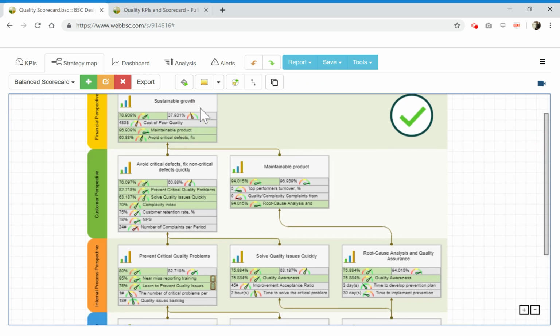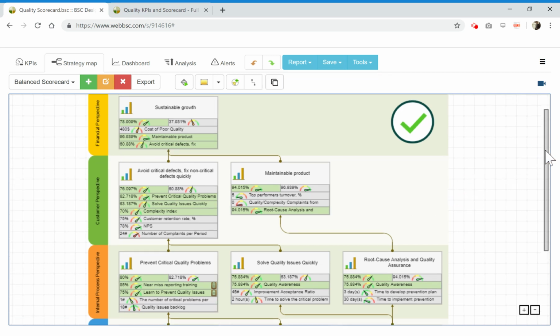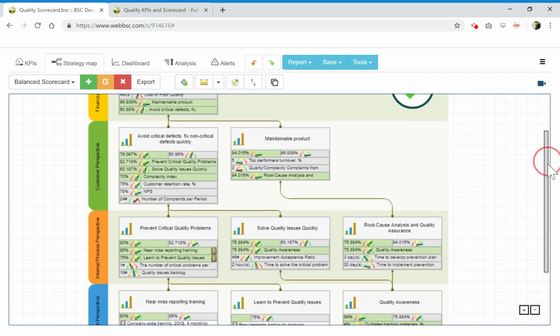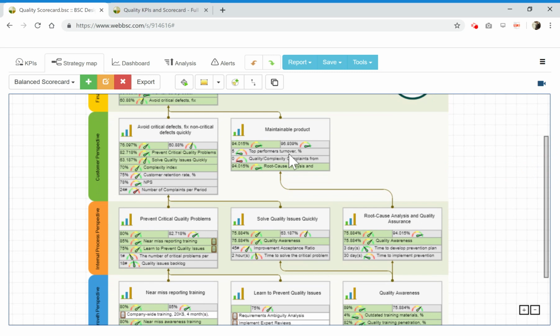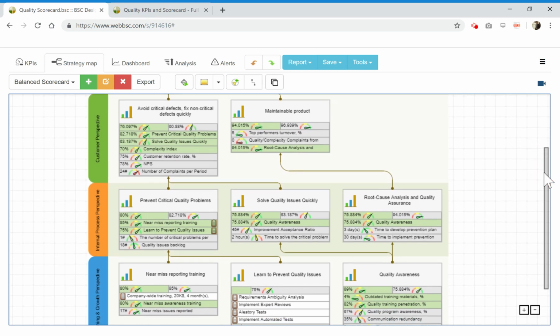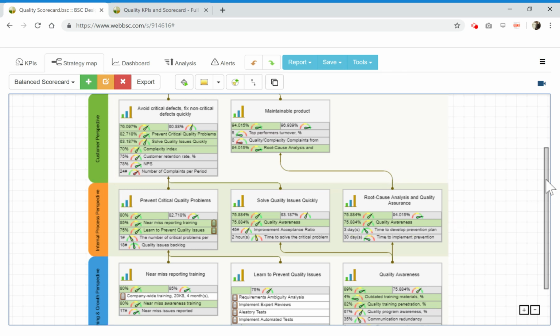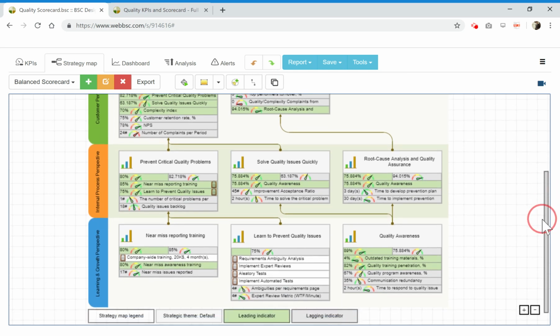Then to achieve this goal, we need to satisfy certain needs of the customers. In this case, we're talking about the needs for quality. And to satisfy the requirements of our end users and other stakeholders, we need to do something internally. That's what we map in the internal processes perspective.